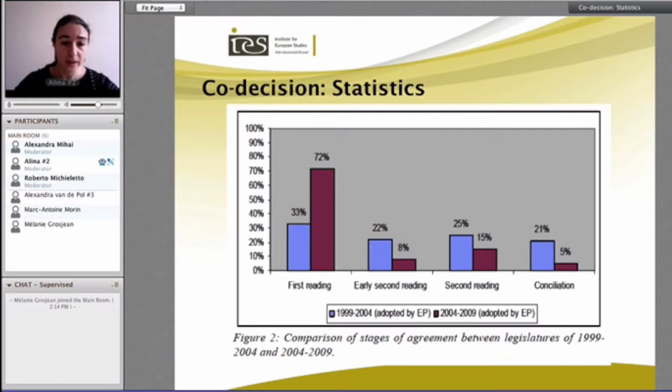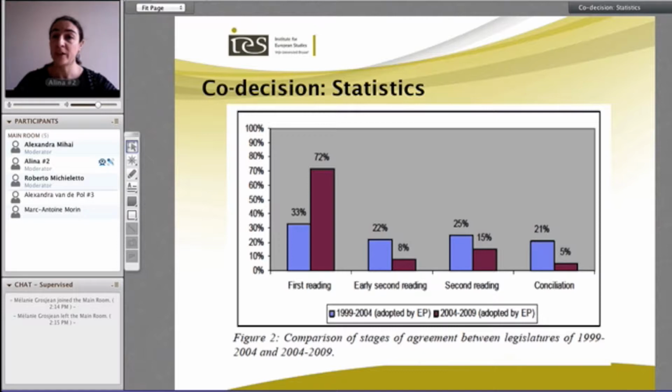So in the first legislative period from 1999 to 2004, we had 33%. At the moment, 72%. That means that 72% of the files are completed at first reading, which is generally a very welcome development, because that means that the whole process is speeded up. That means that the institutions also function very well in finding an agreement with each other.